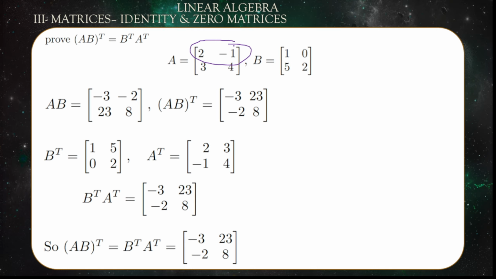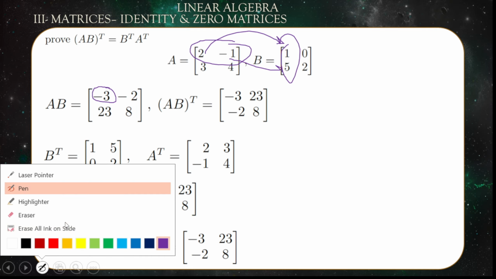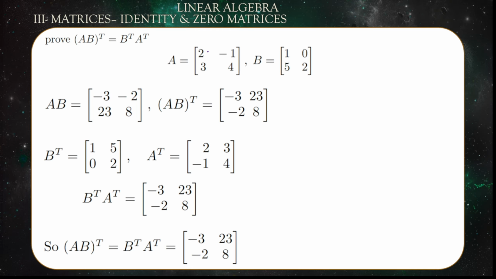So 2 times 1 plus minus 1 times 5, which is 2 minus 5, or minus 3, sitting at the first row, first column. Then first row, second column, you have 2 times 0 plus minus 1 times 2, correct? Which gives us minus 2.